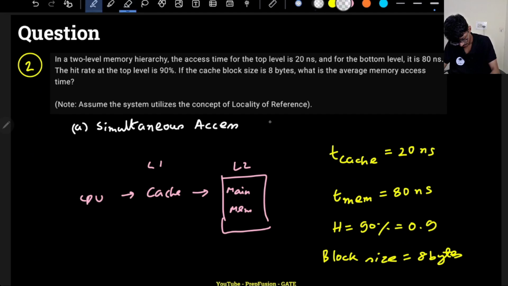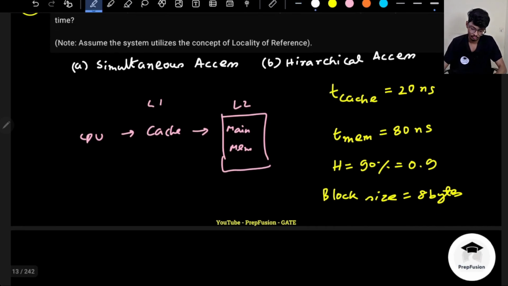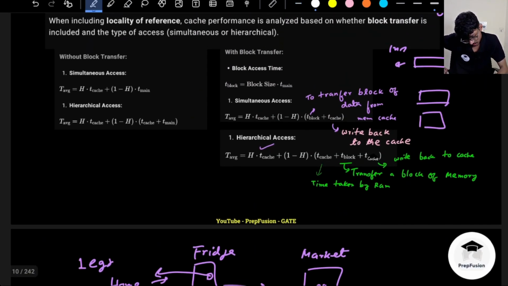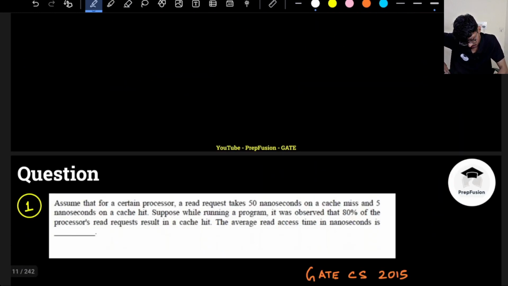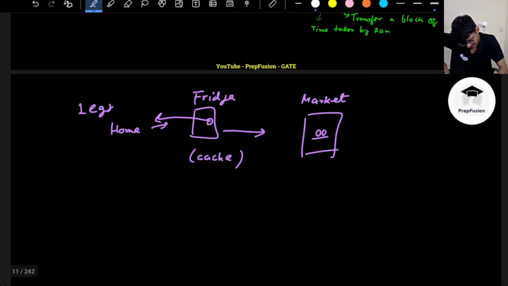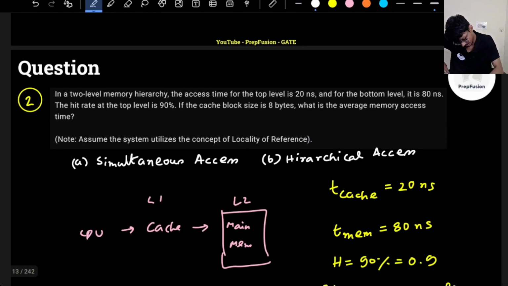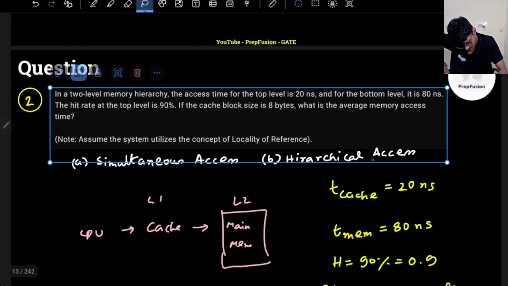So there are two kinds of access here. Sorry, I made the spelling wrong. This will be hierarchical access.